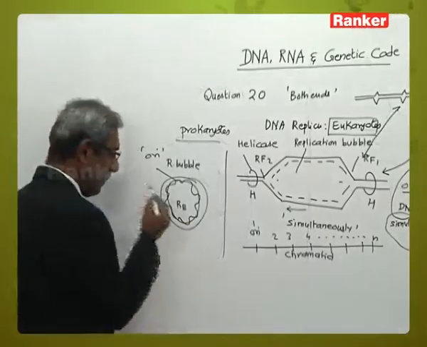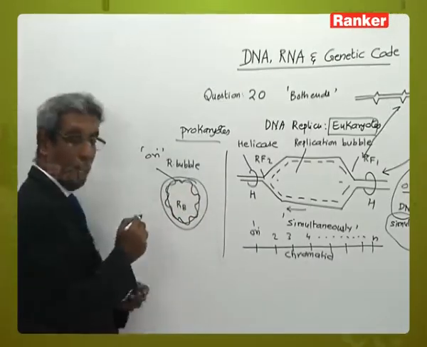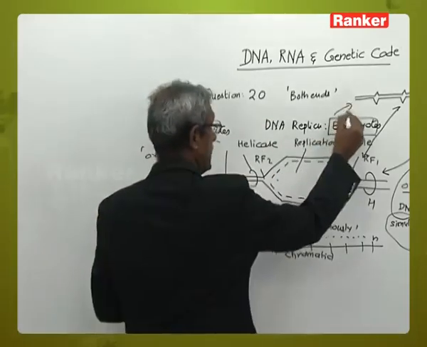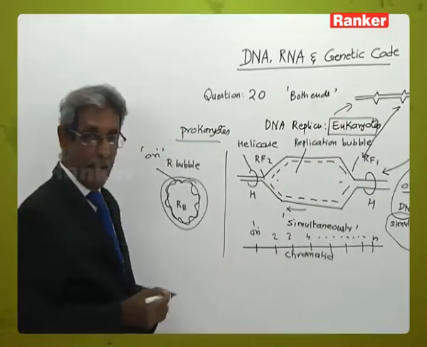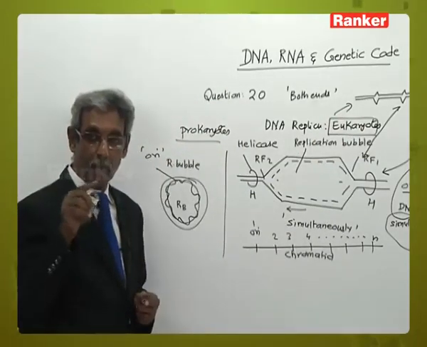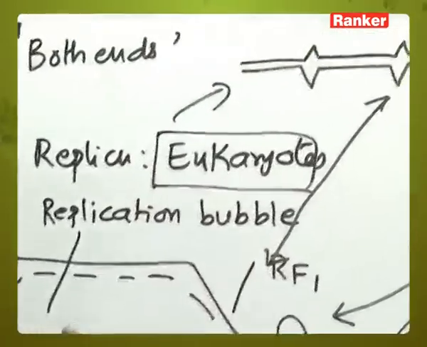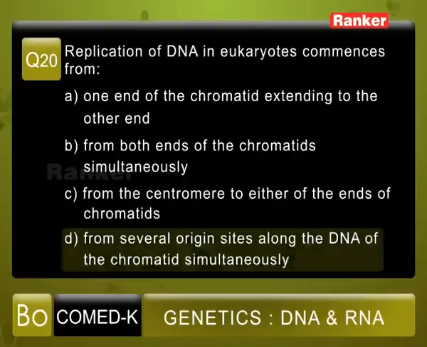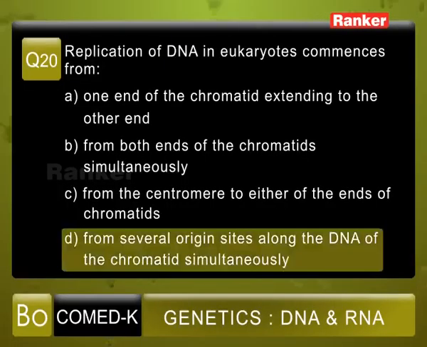So there's presence of a replication bubble and it goes in a particular pattern. While in the case of eukaryotes, there are several bubbles. Hence the answer to question number 20 is from several origin sites along the DNA of the chromatid simultaneously, and the answer is D.